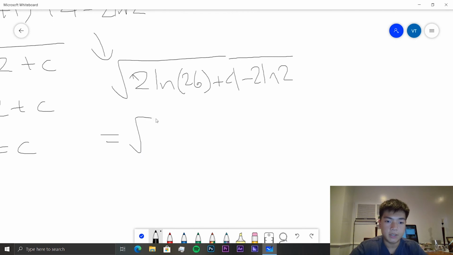So this is around the square root of 9.12, which is around 3 meters per second. So yeah, that's the answer.